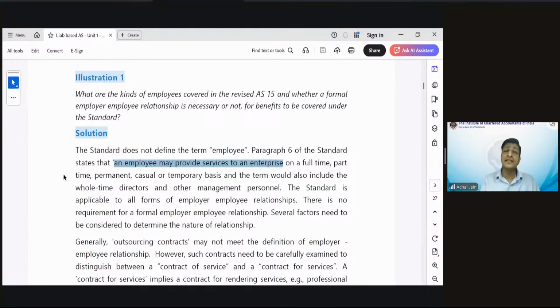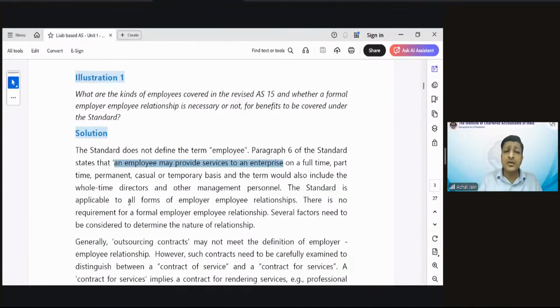So you should not be thinking that senior management or maybe the high-paying salary staff may not be considered as employee. No, any person who is rendering services and who falls within the purview of an employee will be considered as an employee, including the directors of the company.